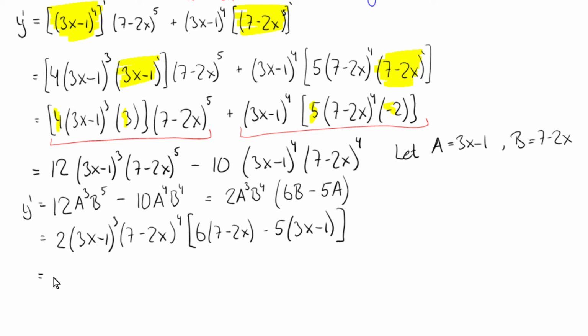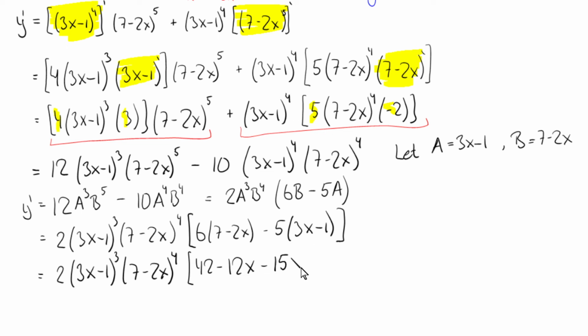So we have 2 times (3x minus 1) cubed times (7 minus 2x) to the power of 4. If I multiply the 6 into the bracket, I'm going to get 42 minus 12x. Same thing over here, negative 15x plus 5. Like that.